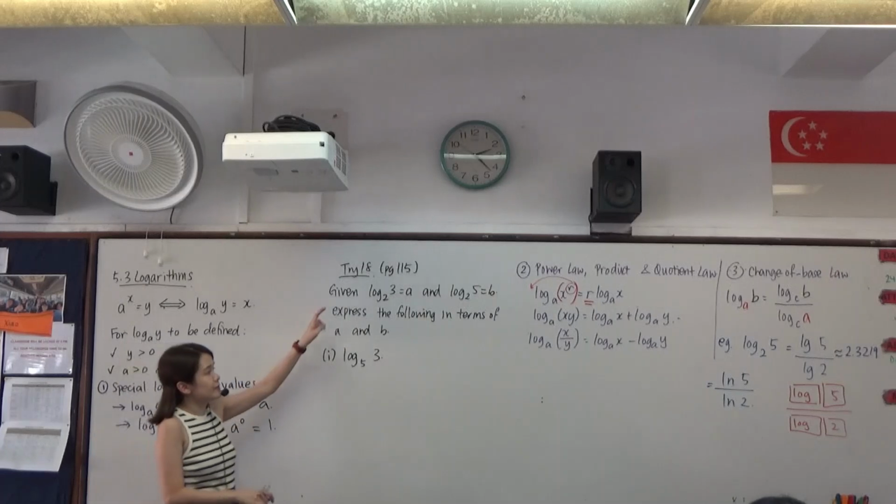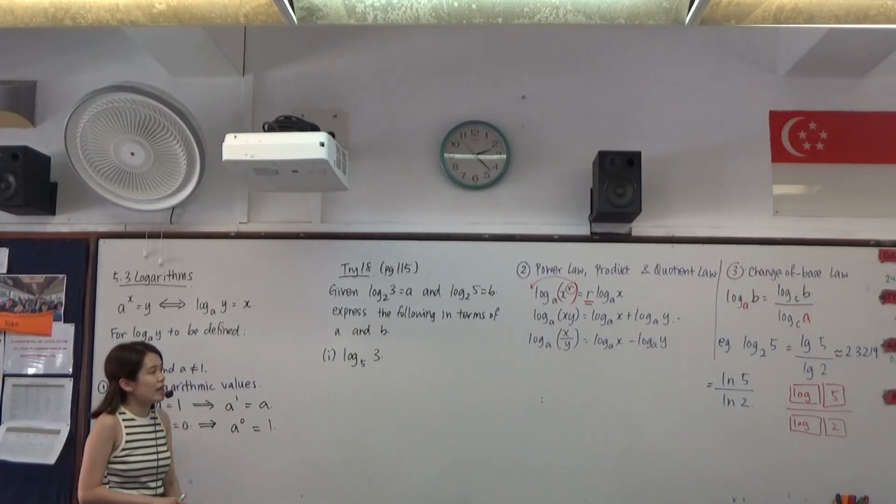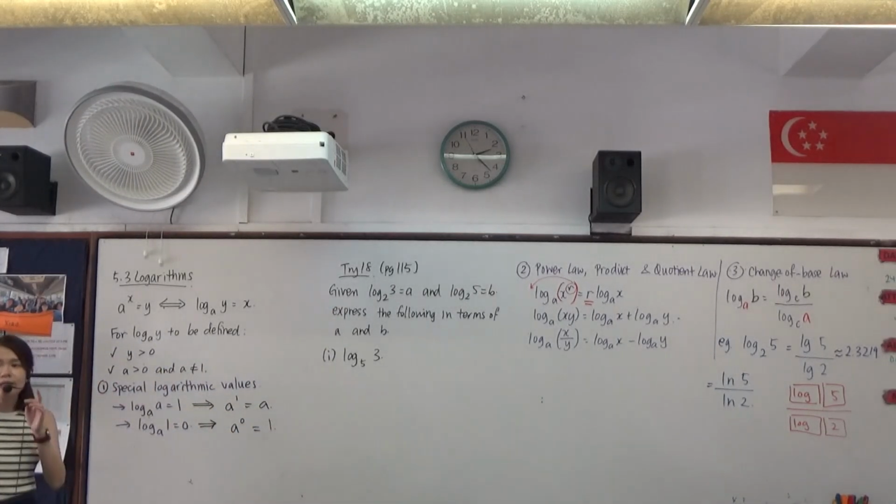They are all bases of 2, but in this case we have a base of 5 and we want to express it in terms of A and B.